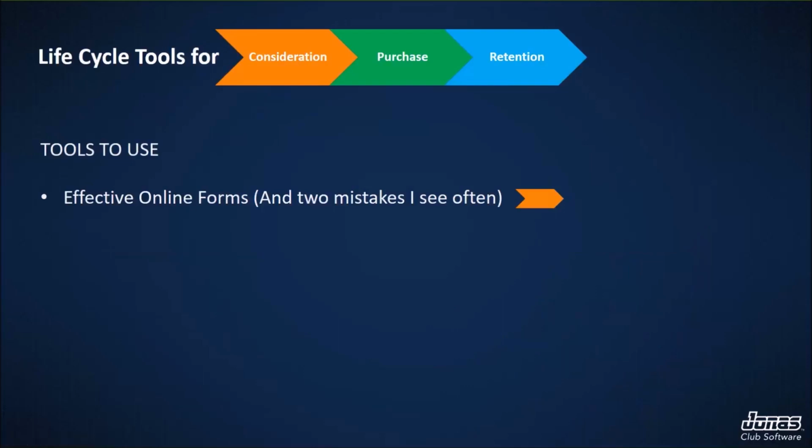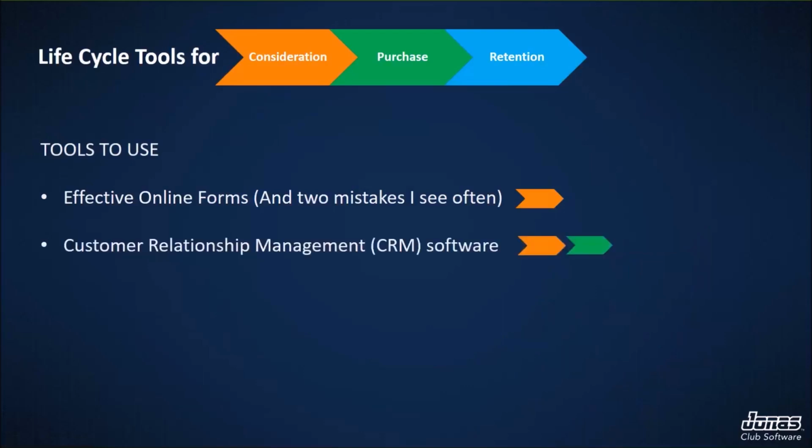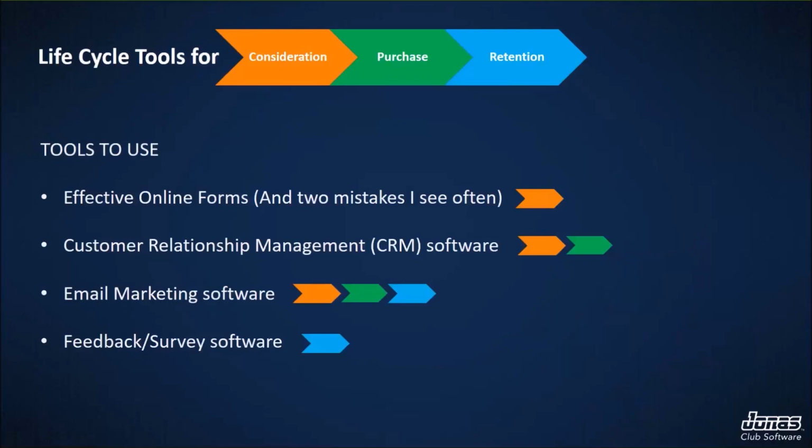And I'll also show two mistakes that I often saw when I was conducting website audits with clubs. We'll then move on to customer relationship management, which Rob is going to walk us through. We'll also take a look at email marketing software, both for prospects and members. And we'll take a look at feedback and survey software, which you can use in the retention phase.